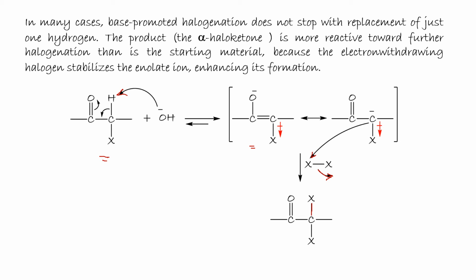Now looking at the enolate here, the enolate is stable via the electron withdrawing effect of the halogen, the negative inductive effect. All right, that's why di and trihalogenation will take place.